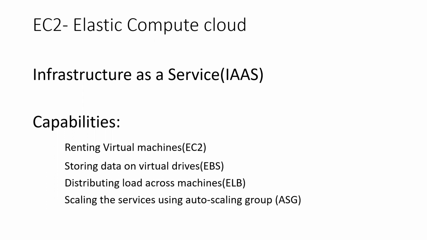In Google Cloud as well, there's an option to launch a server, but they're not calling the component EC2, they're calling it by another name. In AWS we call the servers EC2.